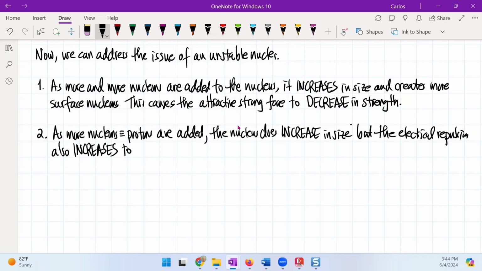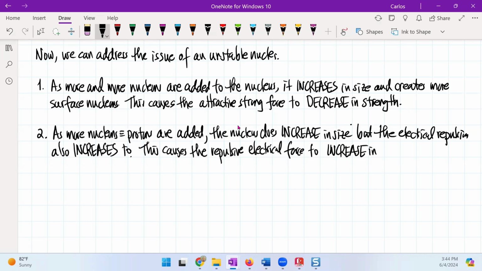In other words, this causes the repulsive electrical force to increase in strength.